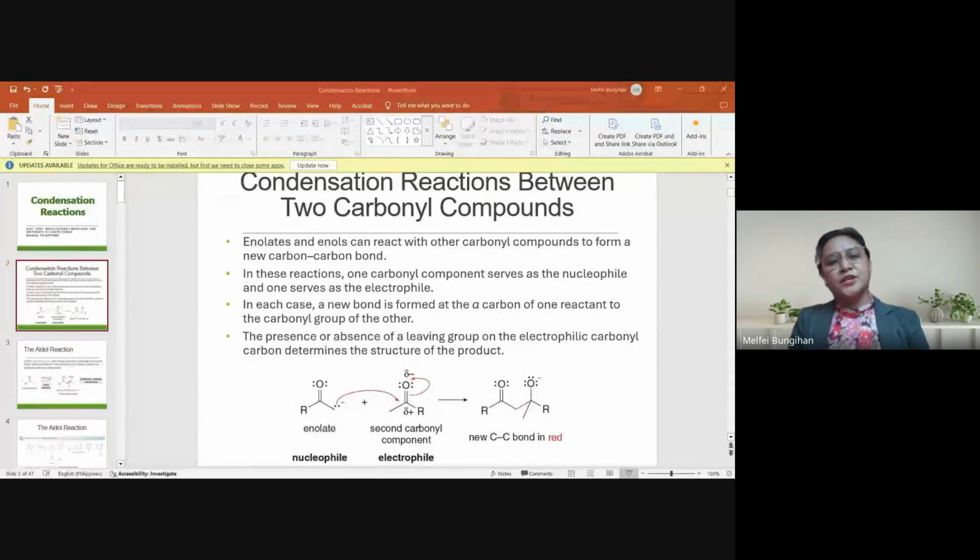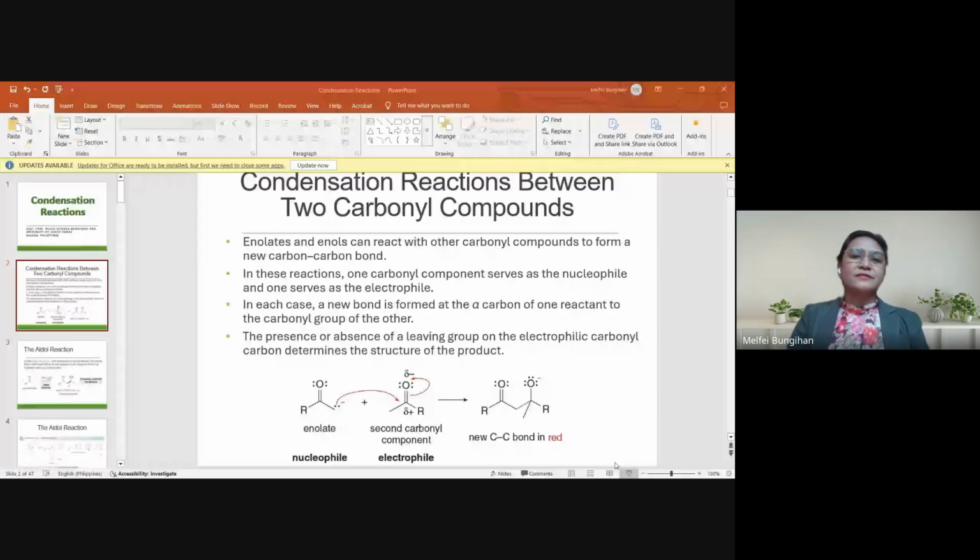Here, we'll be dealing with nucleophilic addition, in which the enolate is your nucleophile because it is the one attacking your electrophile. So it is the one which is electron rich. The nucleophile, your enolate, goes into your carbonyl. So that's nucleophilic addition. Basically, if you look at nucleophilic addition and aldol reaction, they are the same. So the aldol reaction is a nucleophilic addition reaction.